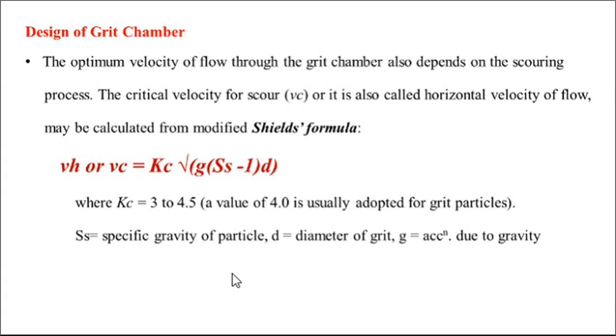Then Ss is equal to specific gravity of the particles, d is equal to diameter of the grit particles and g is equal to acceleration due to gravity. So this formula is used for finding out the Vh or Vc.